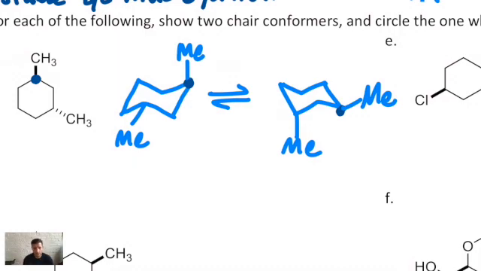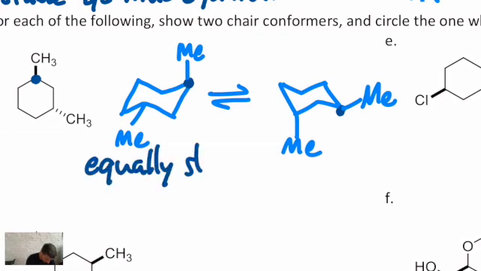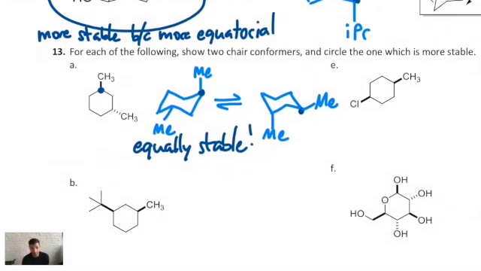So those are the two chair conformers. Lastly, which one is preferred? Well, we have one axial and one equatorial of the same kind of group. They are equally contributing. They are equally stable. So I'll just say equally stable. One does not win in this case because there's one of each and they're the same size.